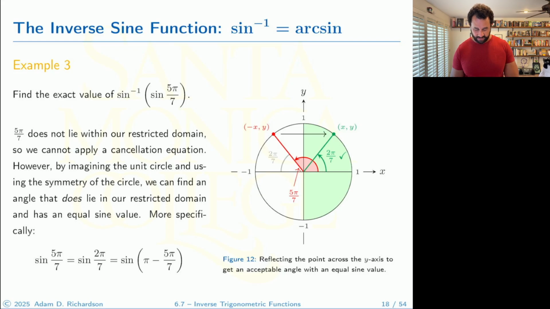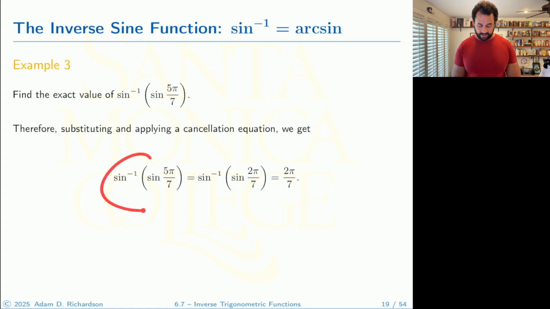We take pi and subtract 5 pi over 7 from it, and that gives us this little space right here. And that little space has the same size as that little space, those two angles. And now we can apply the cancellation equation, all right? So sine inverse of sine of 5 pi over 7 is equal to sine inverse of sine of 2 pi over 7, which is just equal to 2 pi over 7 by that cancellation equation.